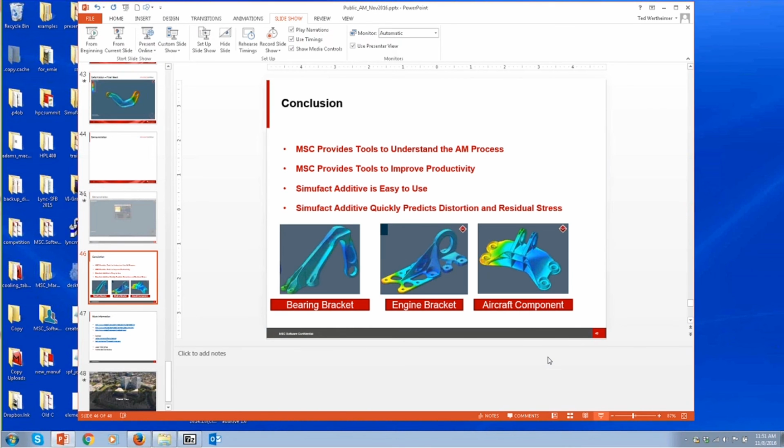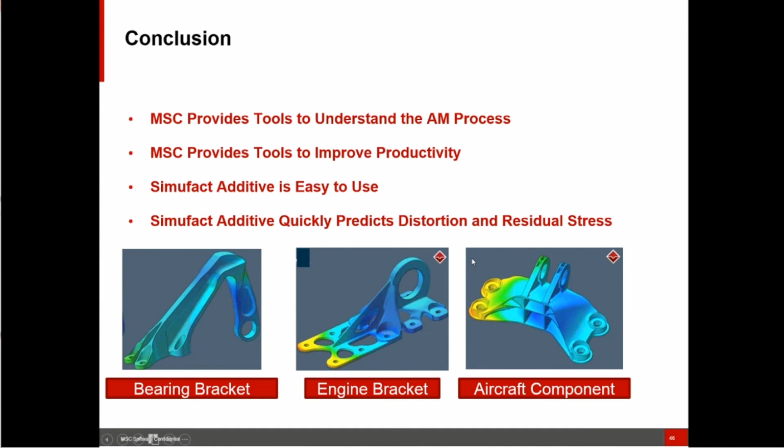Really, in conclusion, MSC is providing you with tools to simulate the additive manufacturing process. And these tools can be used to improve your productivity. Simufact Additive is a new product. It will be released this month.